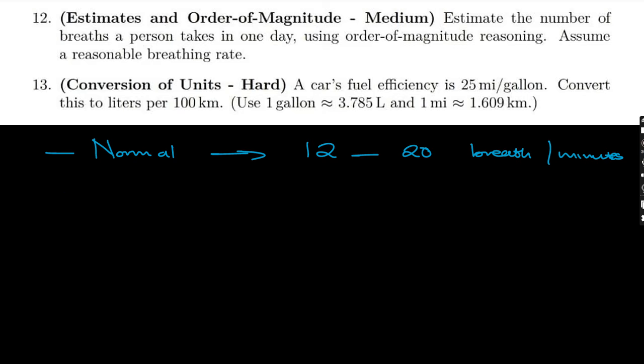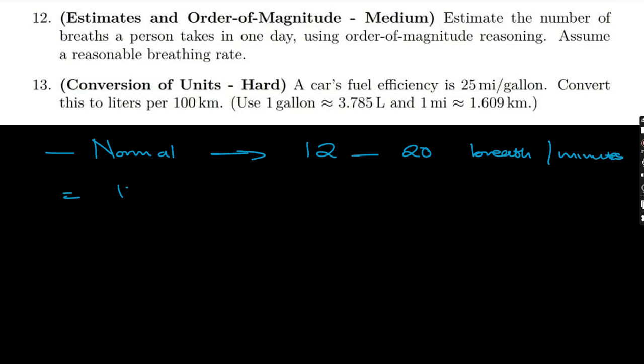Let's take 15, the number in between here. We can take any number. Now I would like to take 15. You can take any number, guys. So when it comes to estimation, just make a reasonable, typical assumption. Then you can take any number within the range.